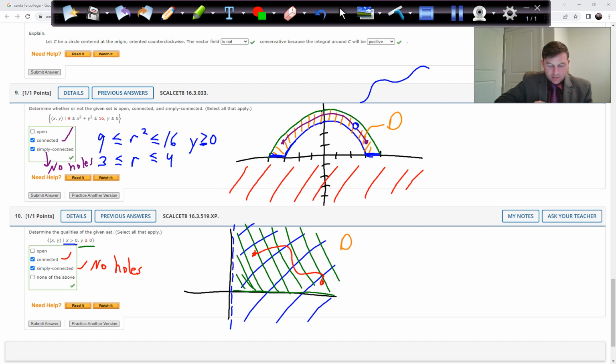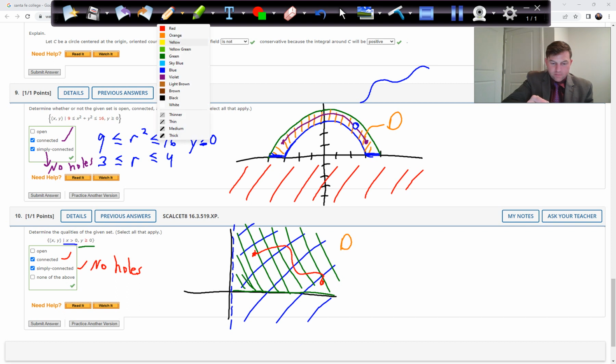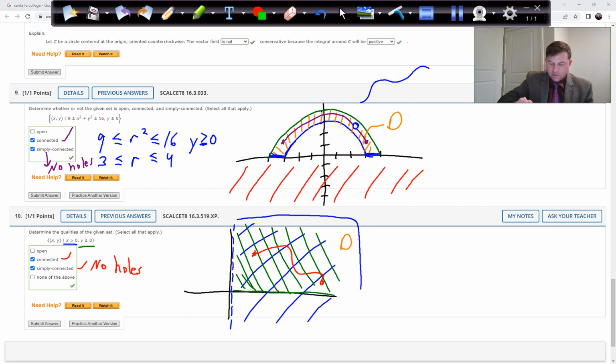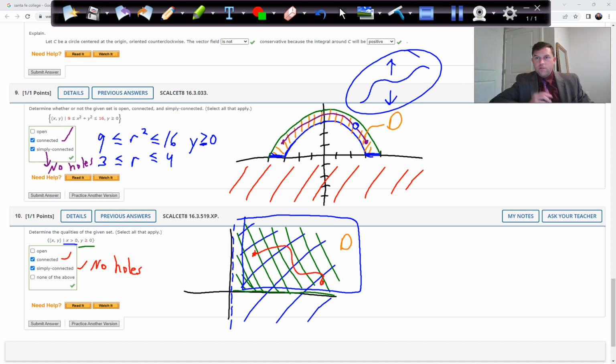And this one is technically not open because we could eventually cap this off and say this is my region, just that chunk. It's not like this line up here where it's open over here, open over here, and all around it. Okay, so that would be problem 10 in chapter 16, section 3.